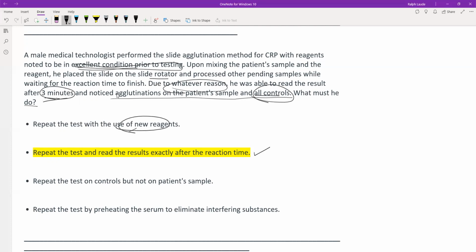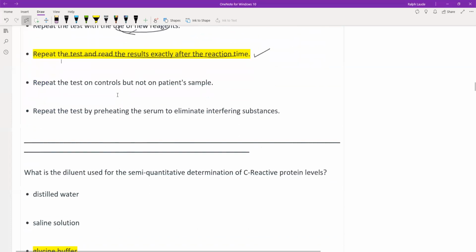Although later on, if the same problem occurs, you could do other troubleshooting. But based on the problem, it is mainly because of exceeding the reaction time. So the best answer would be to repeat the test and read the results after the exact reaction time.